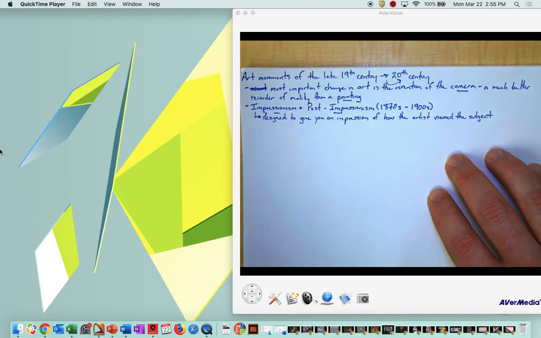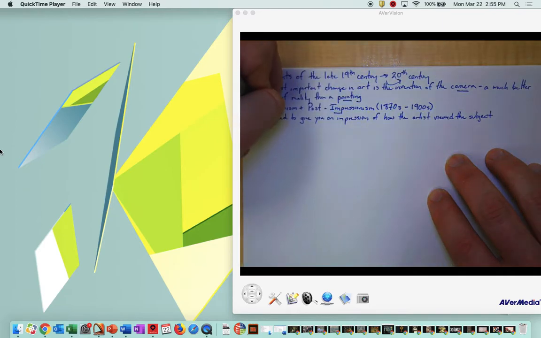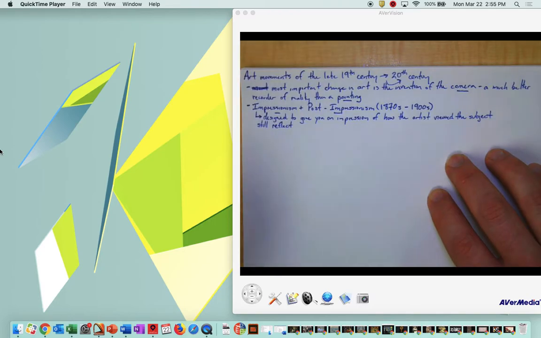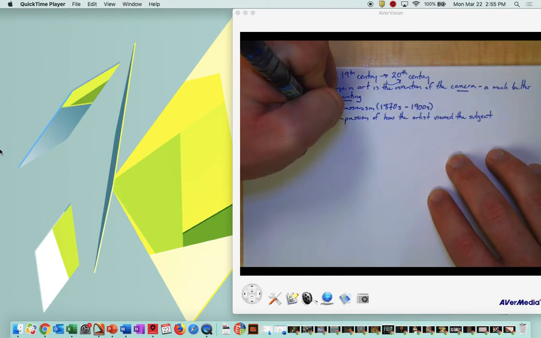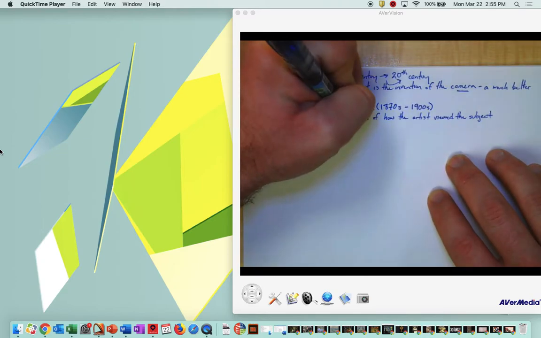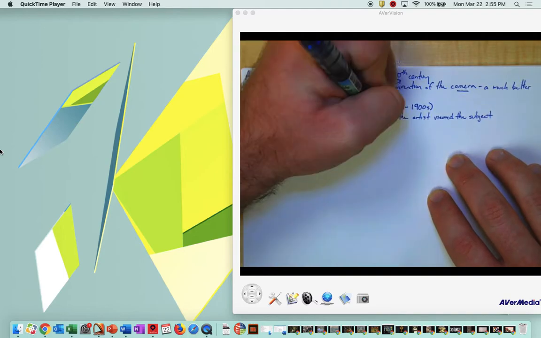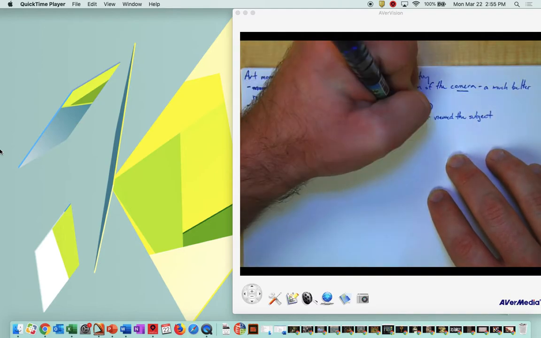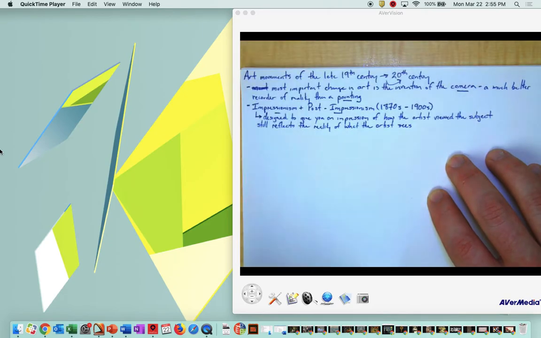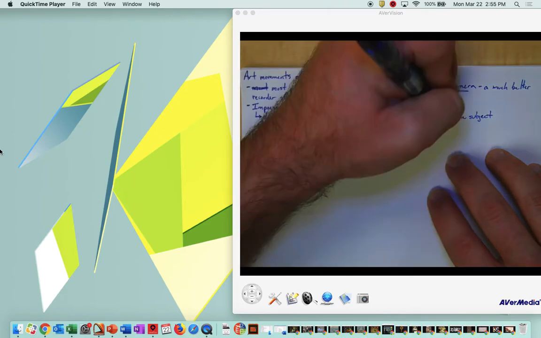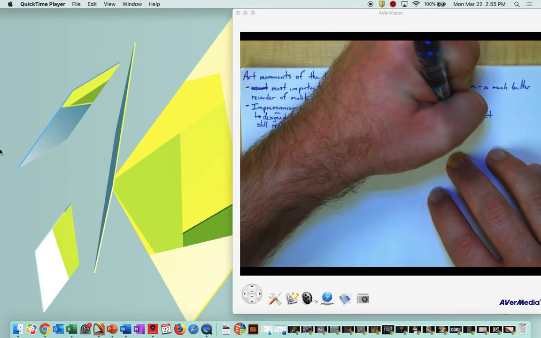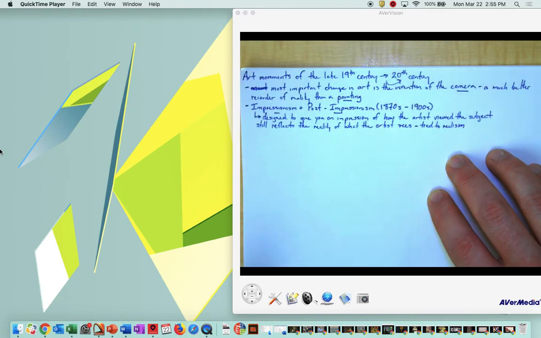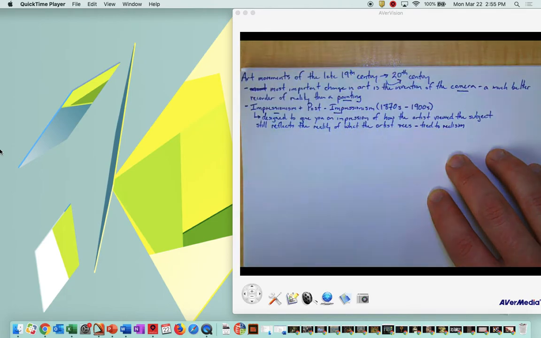So it still reflects the reality of what the artist sees. So we're going to see real things. It's still tied to realism in that regard. It's still showing you what they're seeing.